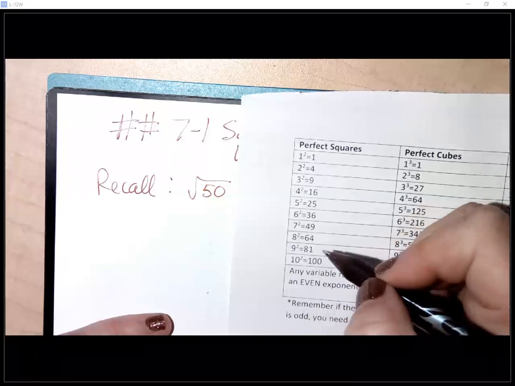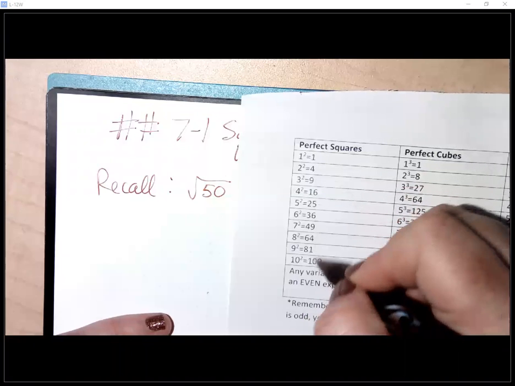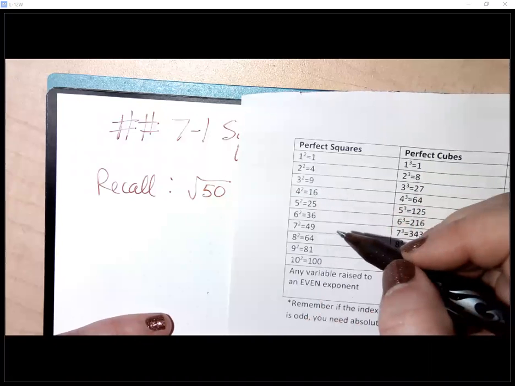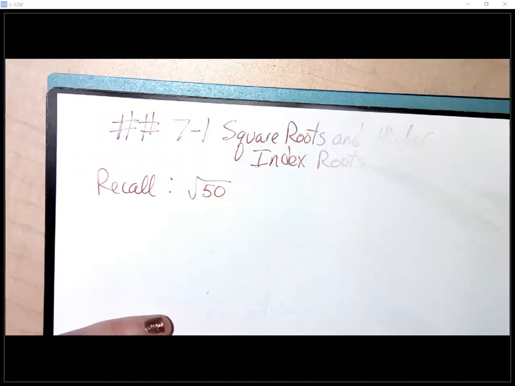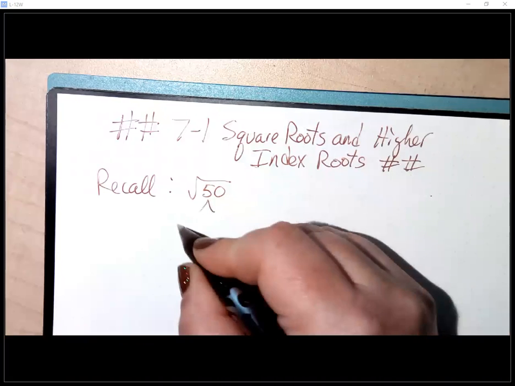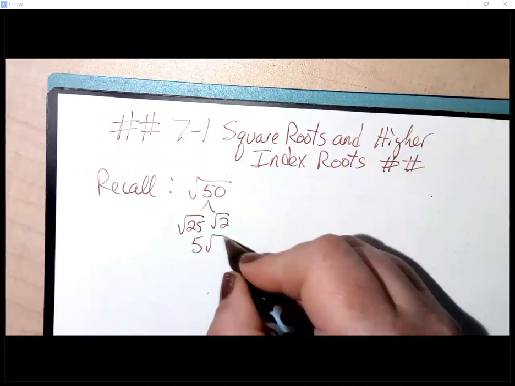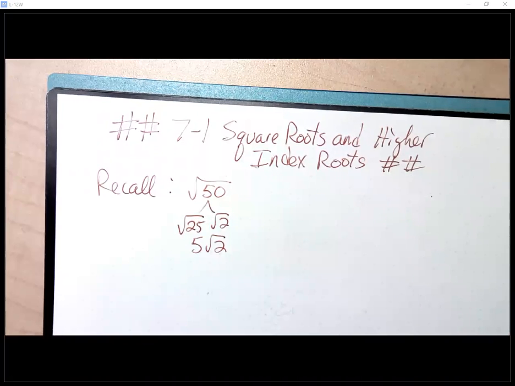Do I have a number in this list that divides evenly into 50? 25, right. So do you remember we would split this up into the square root of 25 times the square root of 2? So this just comes out as 5√2. Old news, you remember this?